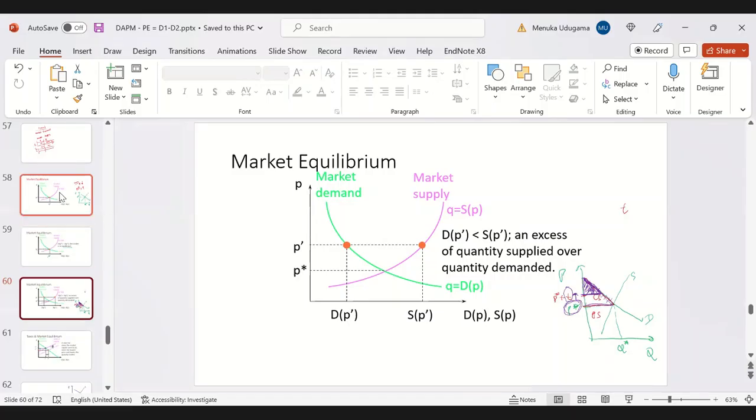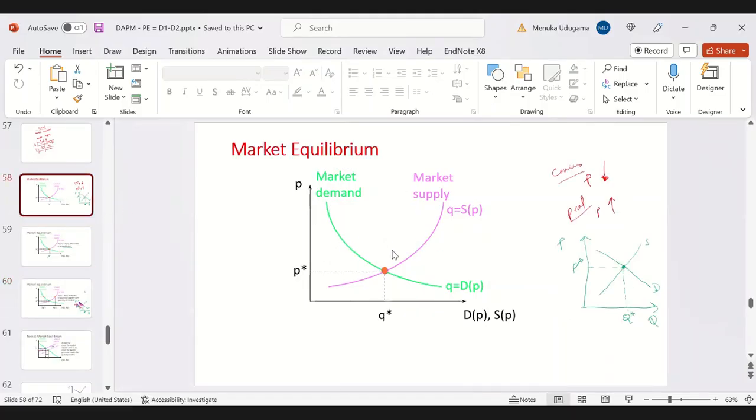Right, so we talked about the demand curve, the supply curve, and the equilibrium. So P star and Q star are the equilibrium prices and quantities. P star is the price that the consumers are willing to purchase, and also the suppliers are willing to sell in the market for any good.